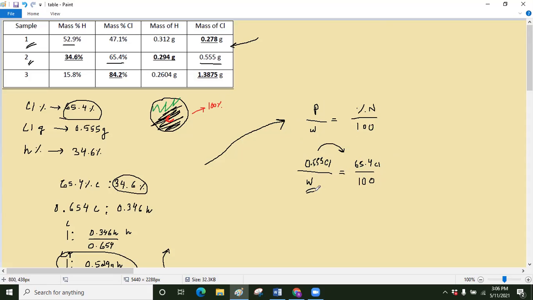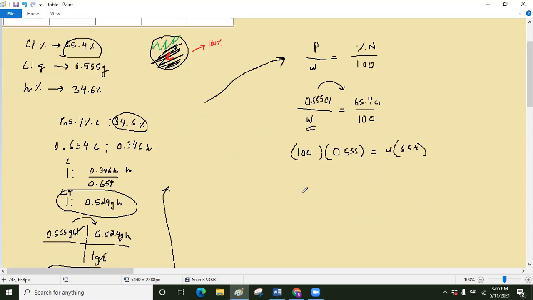And so this will essentially give you the whole if you were to do the algebra here, right? You could do 100 multiplied by 0.555 chlorine equals W multiplied by 65.4. And then if you were to transpose this to the other side, your W would actually end up being 100 multiplied by 0.555 over 65.4.